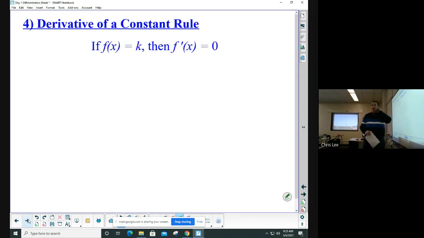This we kind of actually just talked about. The derivative of a constant rule. If your function is a constant, then the derivative is 0.